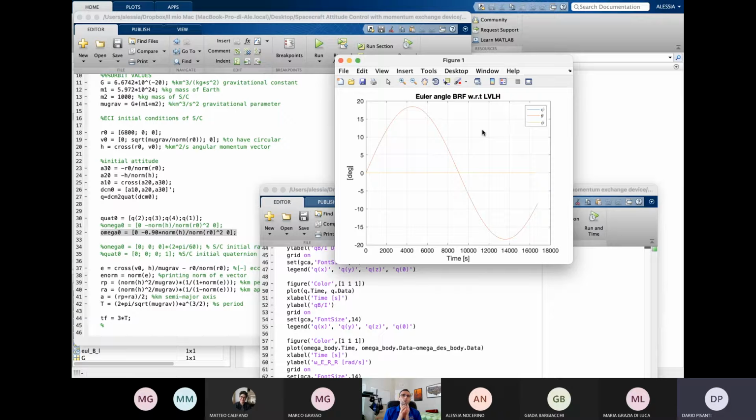Perfect. Okay. Nice. And I cannot quantify that. I honestly do not have a number. I think it depends on many different things, but I would say a few degrees, no more.